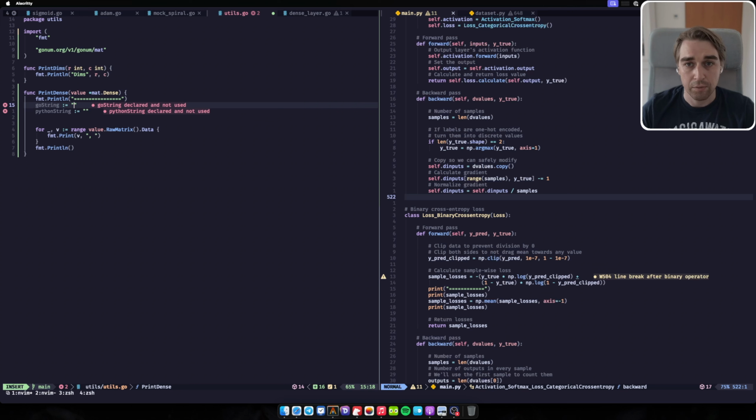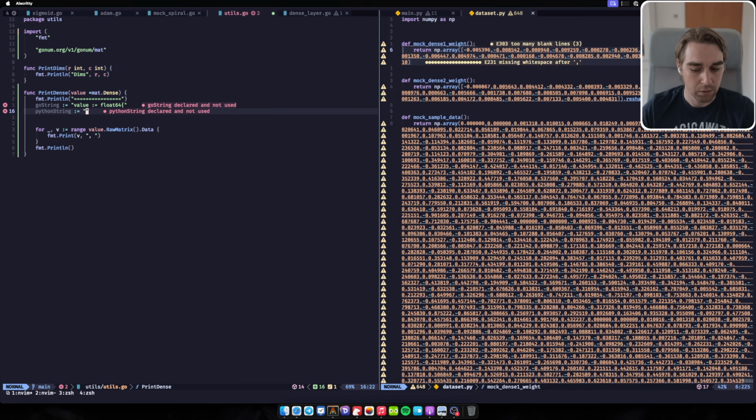It will start from this: values equals to float64 and this opening one. For the Python, let's take a look. Yes, it will be return and np.array, this one, and that's it.